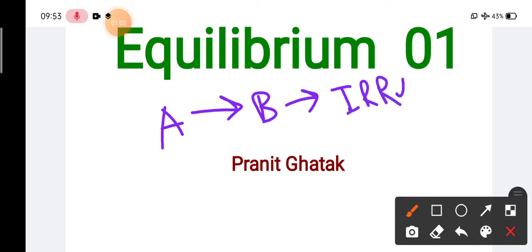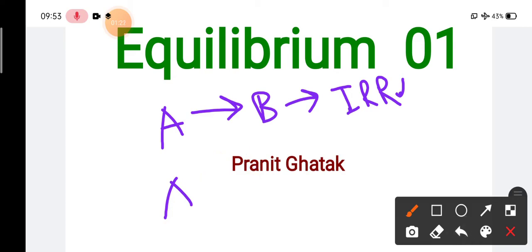On the other hand, if the reaction can go on both sides, forward and backward, then the sign will be like that.